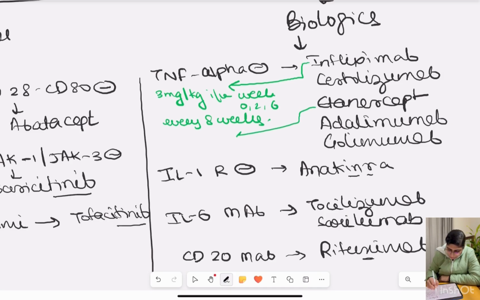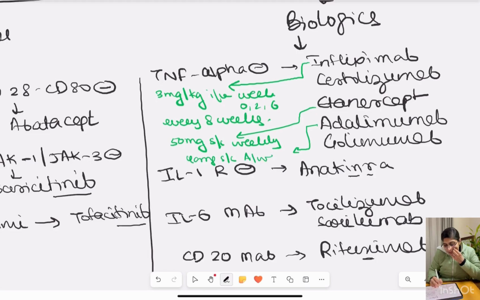Then etanercept. Etanercept is a subcutaneous medicine, 50 milligram subcutaneous weekly. Adalimumab is 40 milligram subcutaneous, alternate week. So, one week skip, one week give.